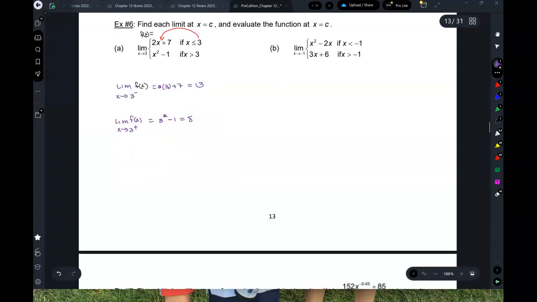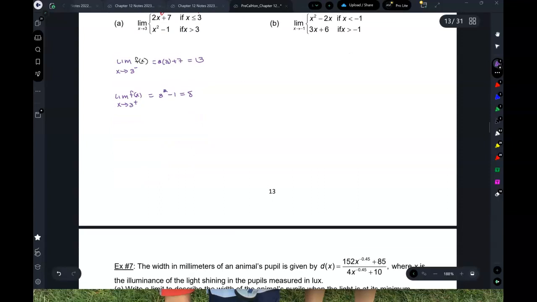Okay, so the limit as x approaches 3 from the negative side is not equal to the limit of f of x as x approaches 3 from the positive side. Therefore, the limit of f of x as x approaches 3 is DNE.